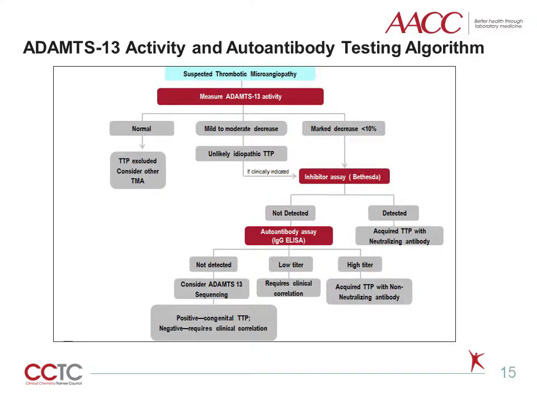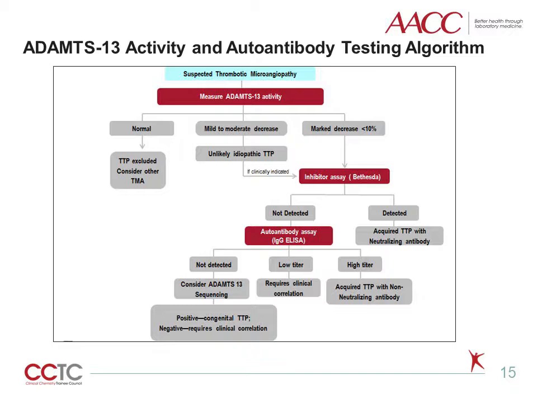A detected inhibitor confirms the diagnosis of acquired TTP with neutralizing antibodies. But if inhibitor antibody is not detected, the autoantibody ELISA test is indicated. If it is detected in high titer, the diagnosis of acquired TTP with non-neutralizing antibodies is confirmed.